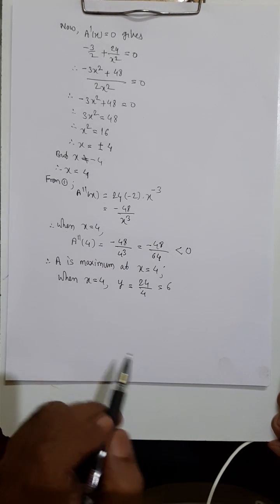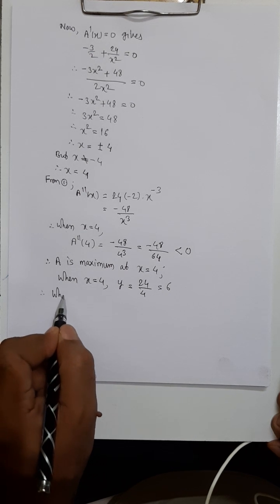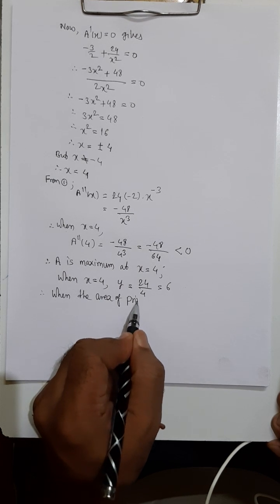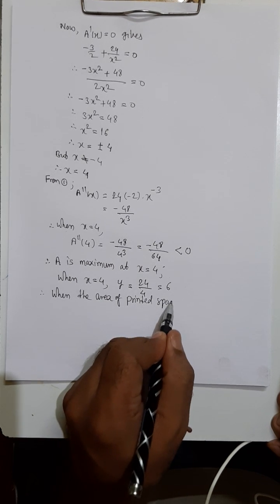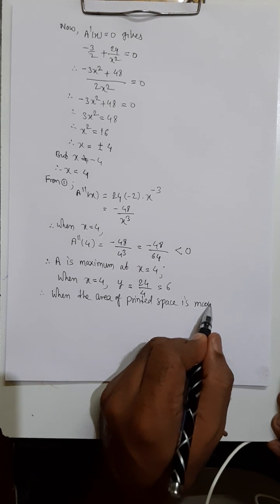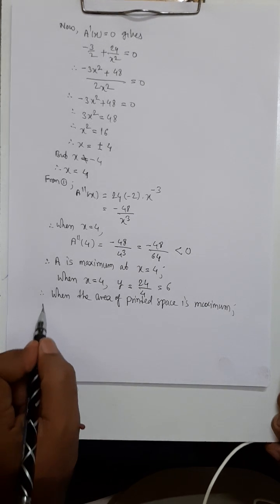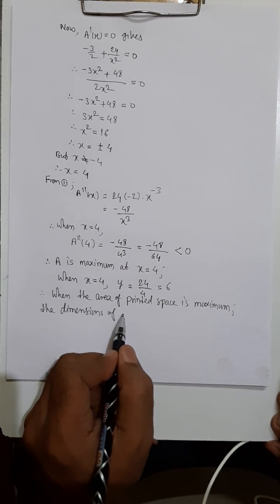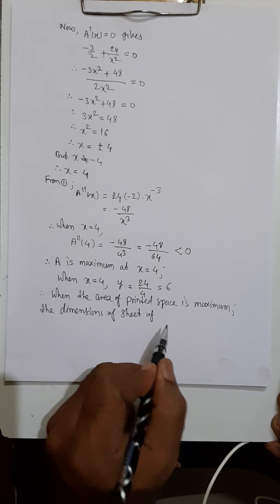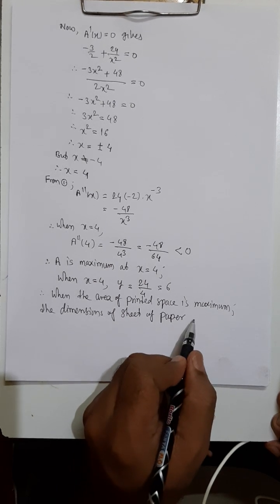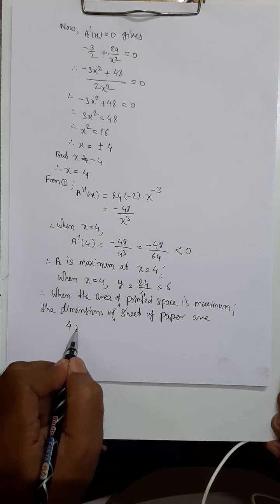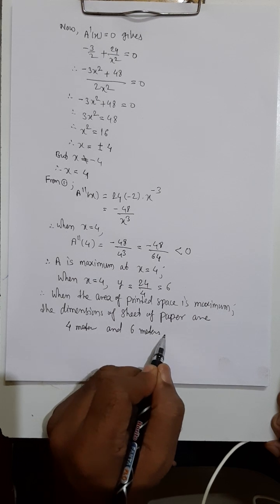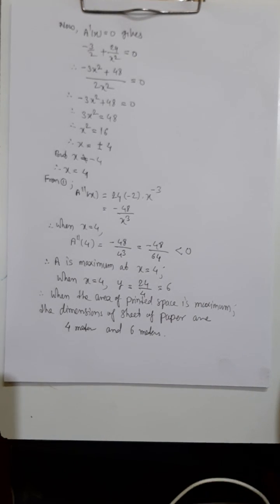So x is 4 and y is 6, and therefore we have shown that when the area of printed space is maximum, the dimensions of the sheet of paper are 4 meter and 6 meters. Okay, so we stop here. Thank you.